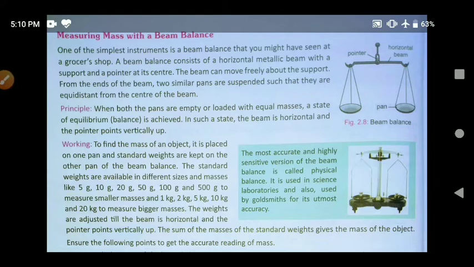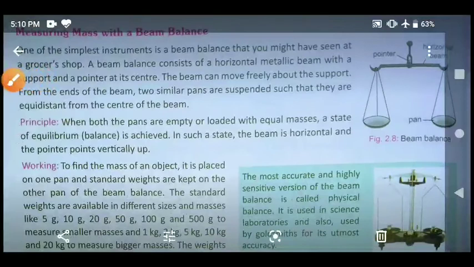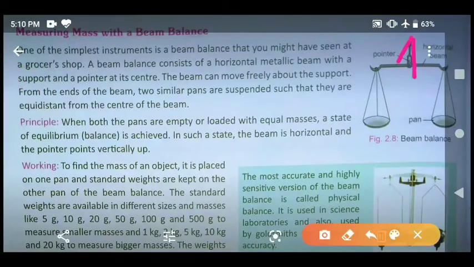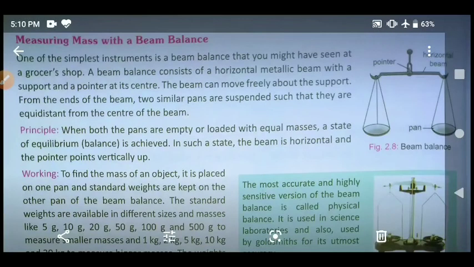Ensure the following points to get an accurate reading of mass. When the pointer points exactly vertically up, it is a state of equilibrium. In this case we can tell the exact mass of the object.